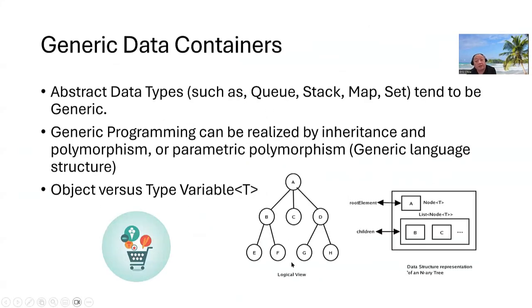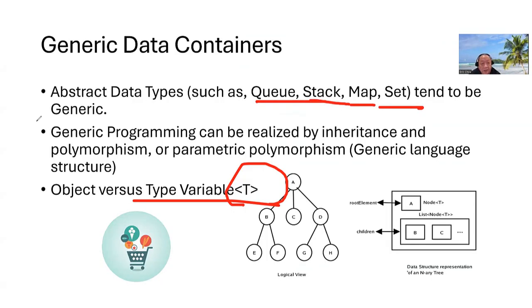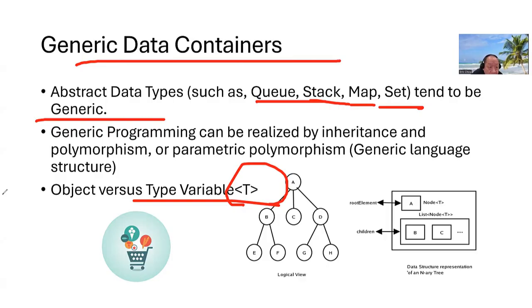You have a list of T type. The T you can change to different types, so type T is the type variable. Containers such as queue, stack, map, and set are generic. They can handle different data types. So that's called a generic container.